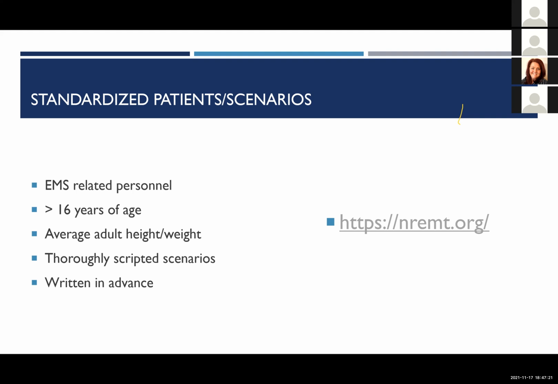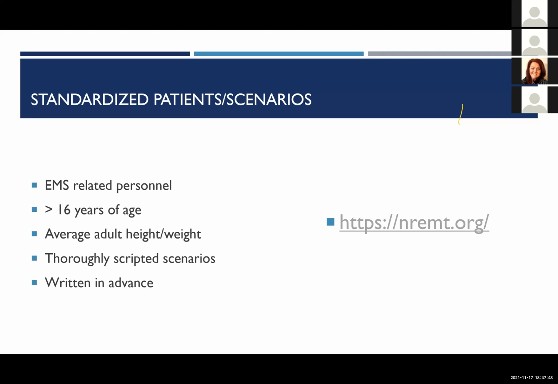But the key is also as consistently as possible from one student to the next. And we've got to make sure that reliability and fairness and impartiality occurs from one student to the next. And believe it or not, standardized patients can influence that, and they can influence it significantly. So it's really important that everything is already pre-designed prior to the psychomotor exam.